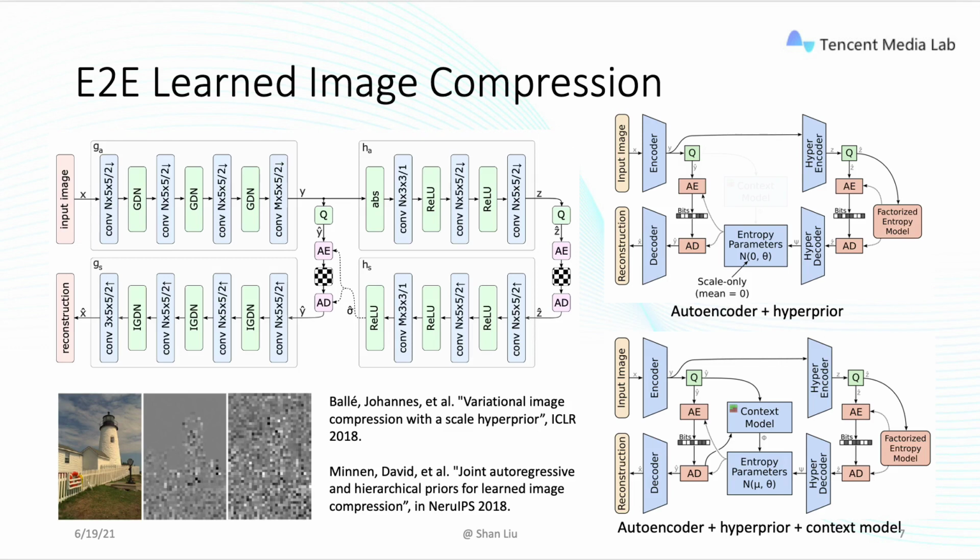A few popular learning-based image compression methods or frameworks have been developed and published on top of the basic framework just introduced. The framework on the left was presented in ICLR 2018, which could be seen as an extension of Ballé's 2017 work.